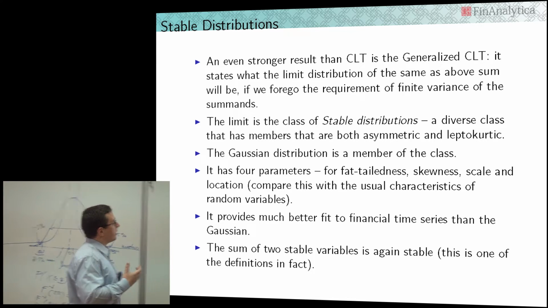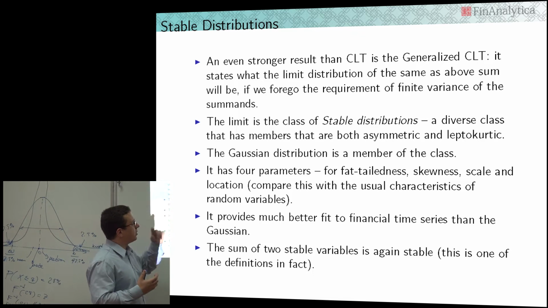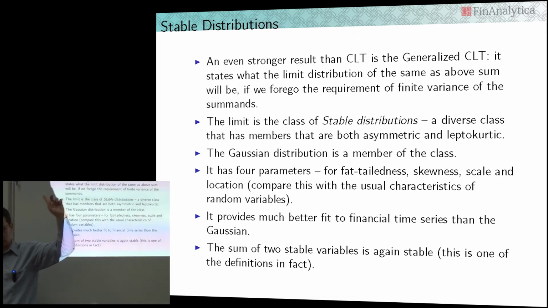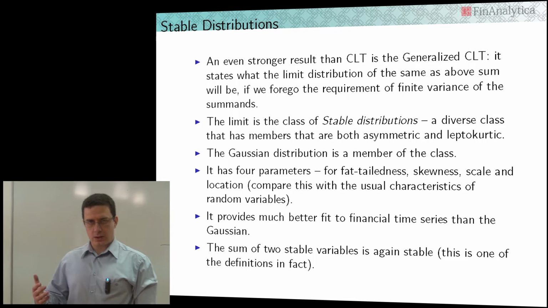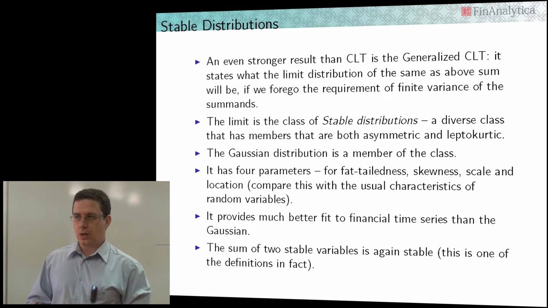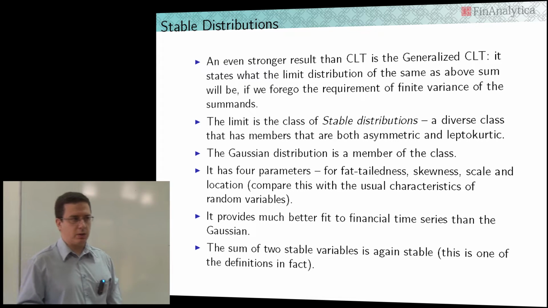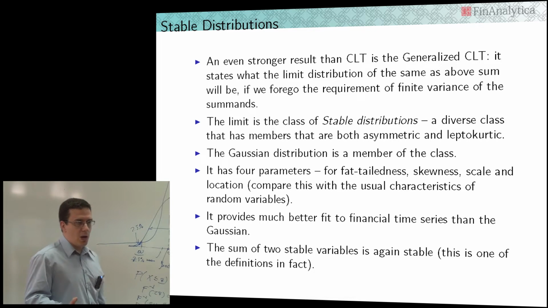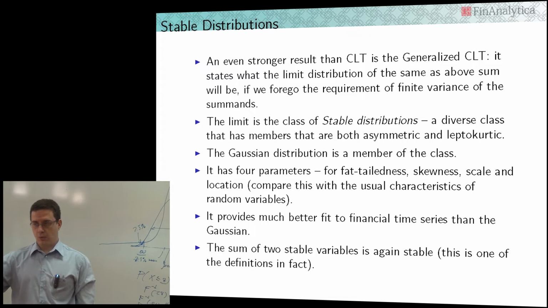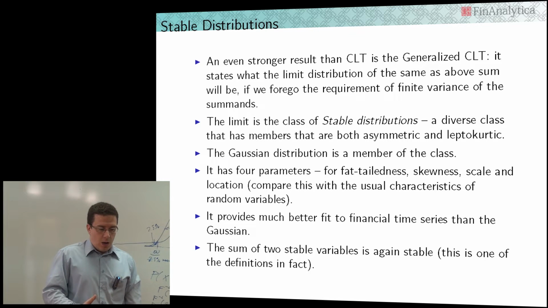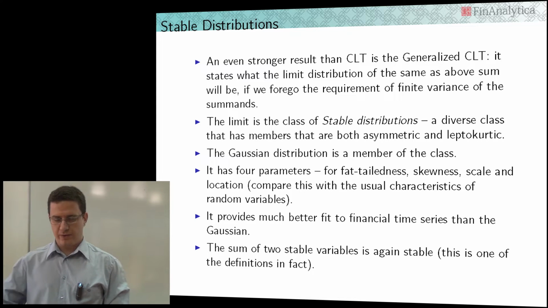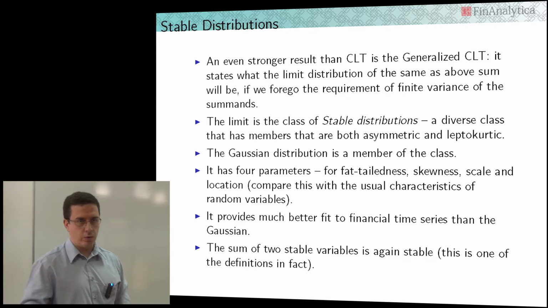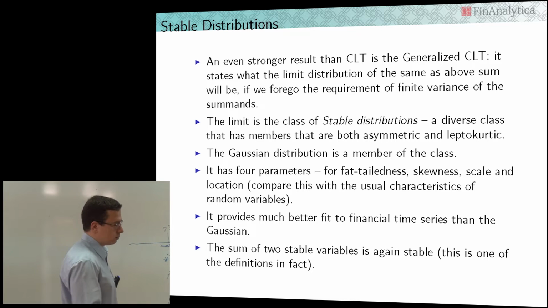There was already a theory in place, and the theory is the generalized central limit theorem. And it basically says the same thing as the central limit theorem, but removes the requirement that the summand has finite variance. Of course, what you get at the end cannot be Gaussian. Rather, it turned out that a whole class of distributions exists called the stable distribution, the alpha stable.